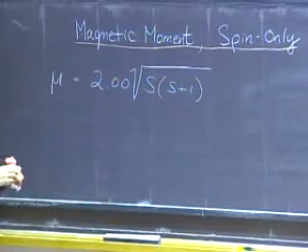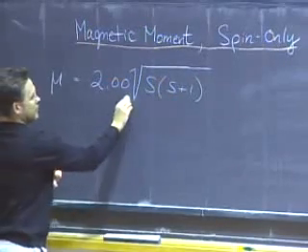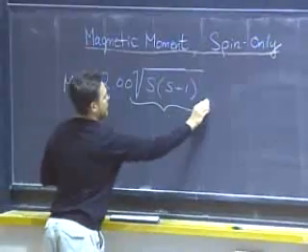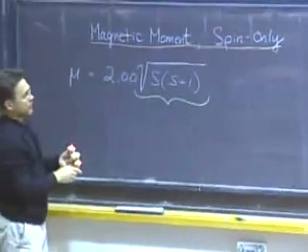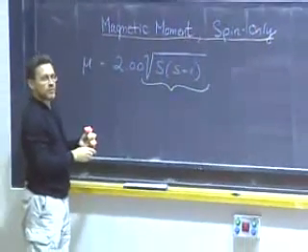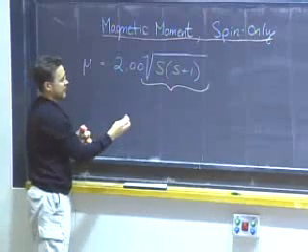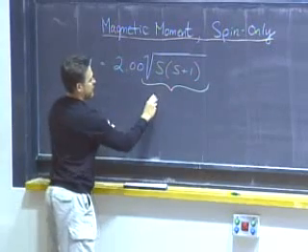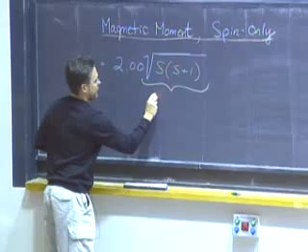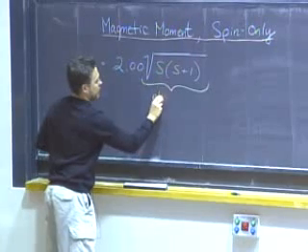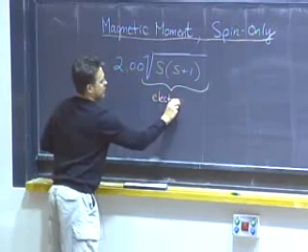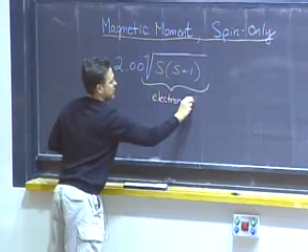Okay? And in this formula, this part, this square root of S times S plus 1 from the quantum mechanics is the value of the angular momentum. The electron spin angular momentum.